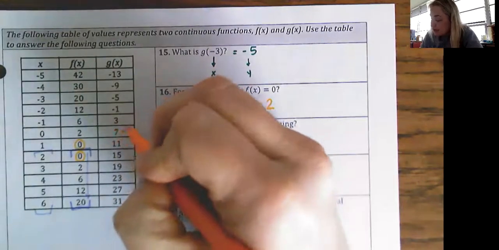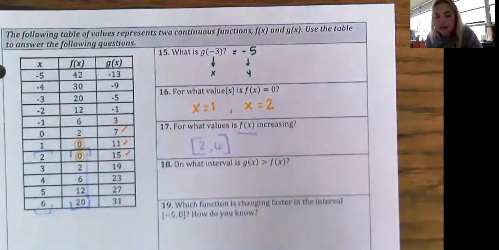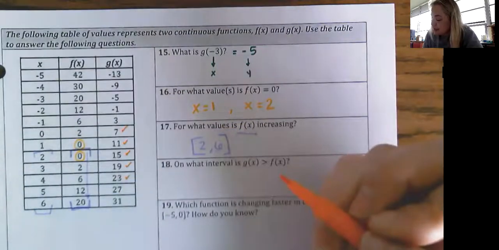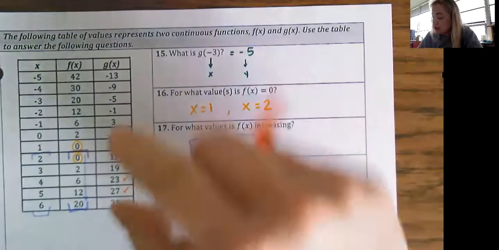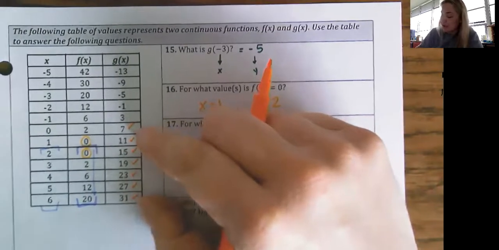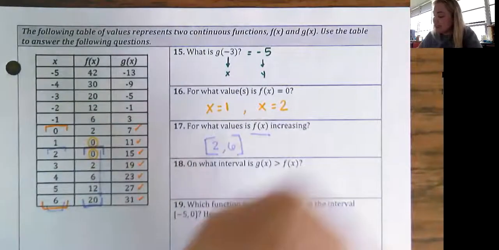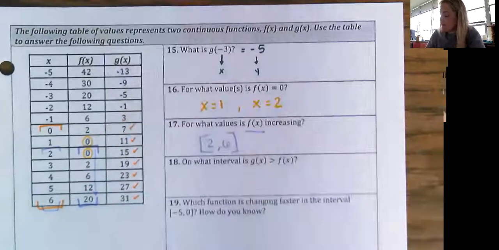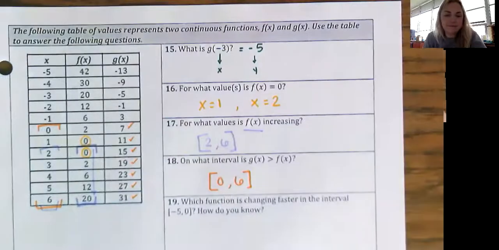But 7 is greater than 2. 11 is greater than 0. 15 is greater than 0. 19 is greater than 2. 23 is greater than 6. 27 is greater than 12. And 31 is greater than 20. So that whole section, the g values were bigger than the f values. So we'll go back to the x's, our inputs, and we can say from 0 to 6, g of x was bigger than f of x. So from 0 to 6.